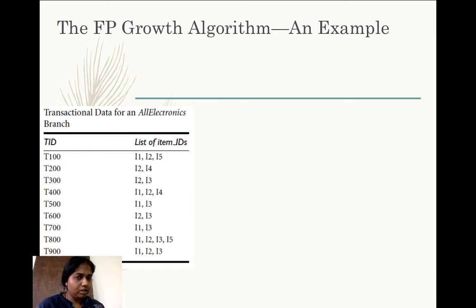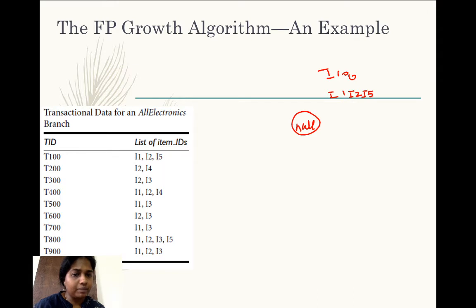Now the first transaction that I scan is the transaction ID T100. This transaction has got elements I1, I2 and I5.